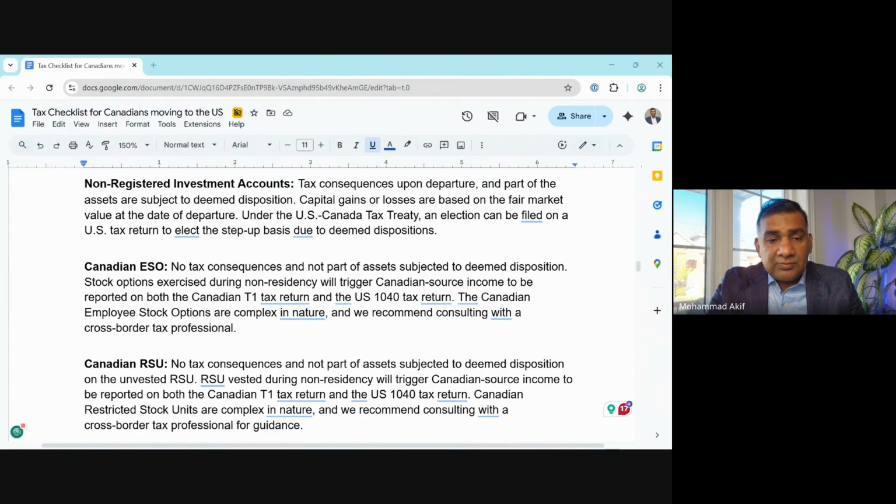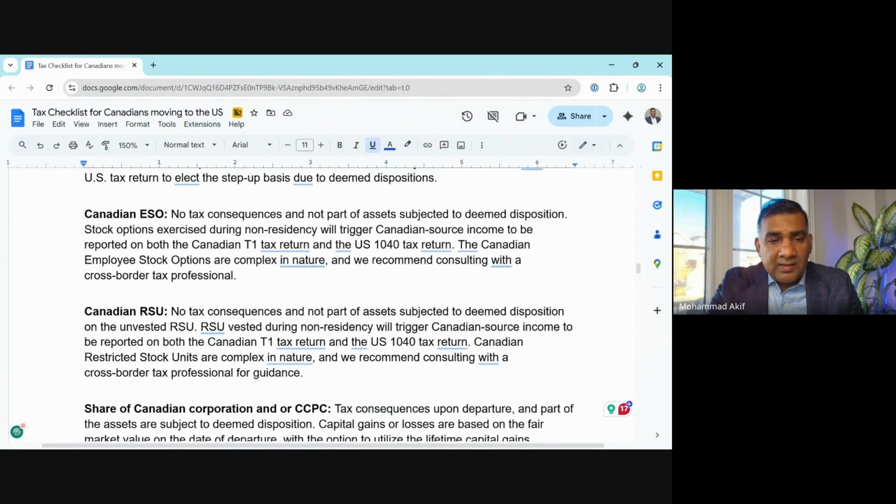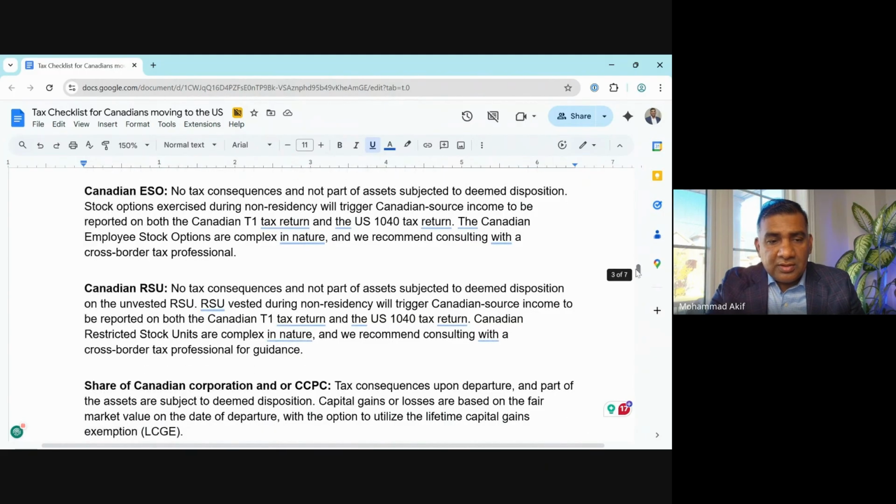I want to get to some of the complicated stuff, which is Canadian ESOs, employee stock options, Canadian RSUs, restricted stock units, and then the shares of Canadian corporations. These are a couple of the complex topics.